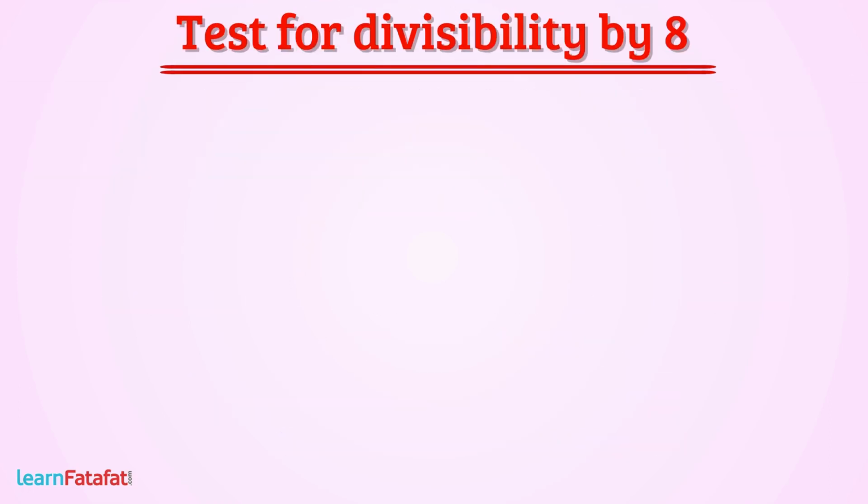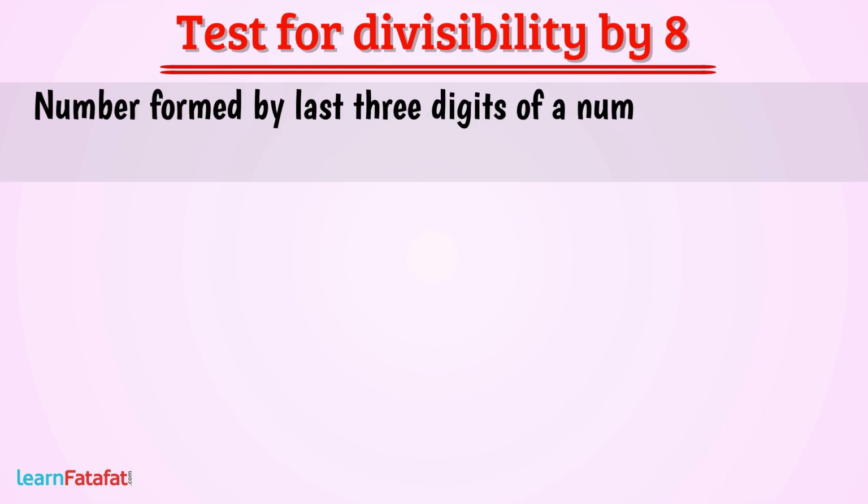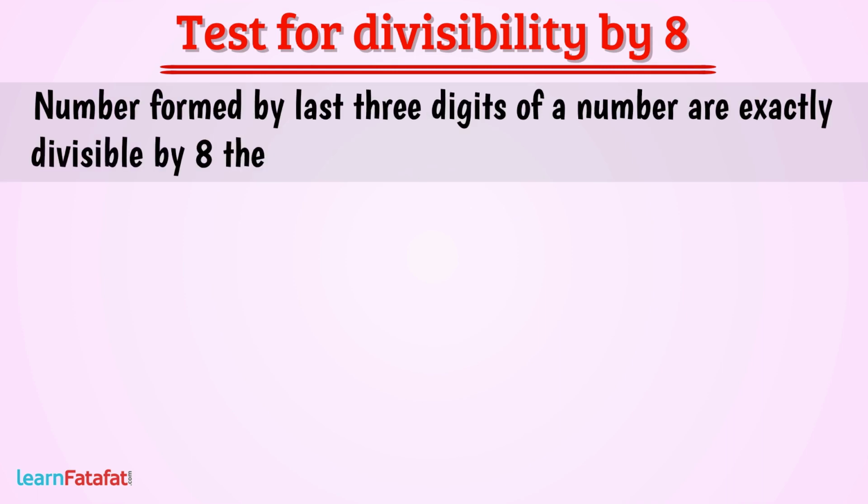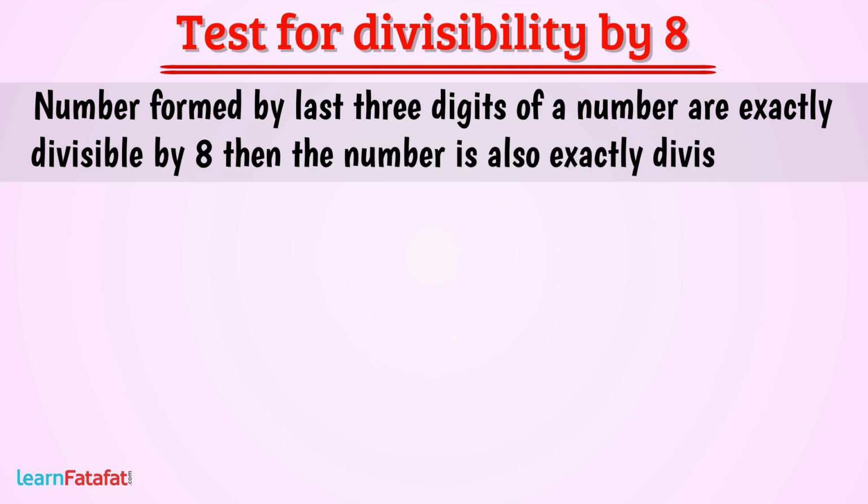Test for divisibility by 8. If the number formed by the last three digits of a number is exactly divisible by 8, then the number is also exactly divisible by 8. For example, in 5128, the last three digits make the number 128.